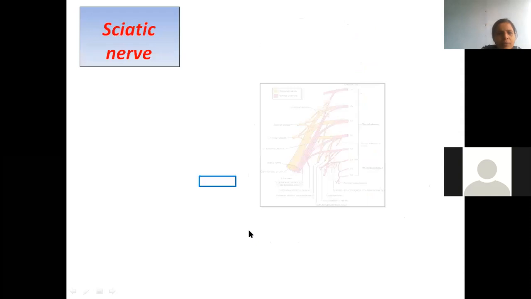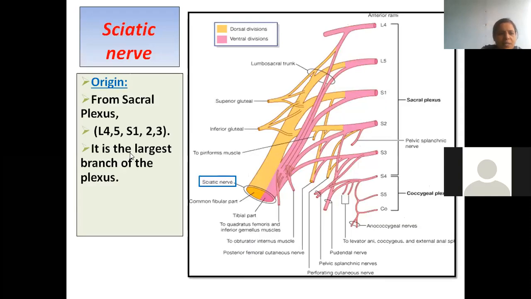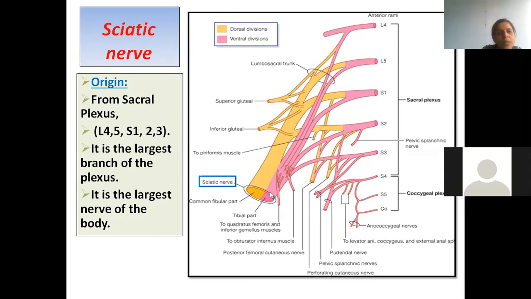Now the sciatic nerve is coming from the sacral plexus, with root values L4, L5, S1, S2 and S3. This is the largest branch of the sacral plexus. The sciatic nerve is also the largest and thickest nerve of our body.